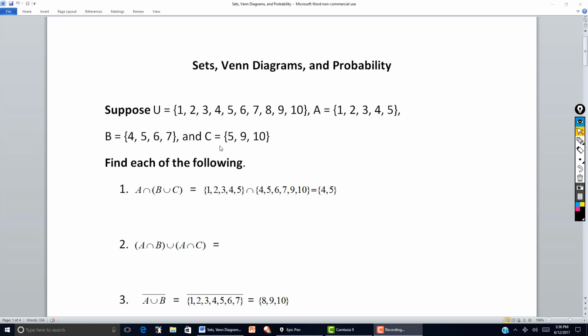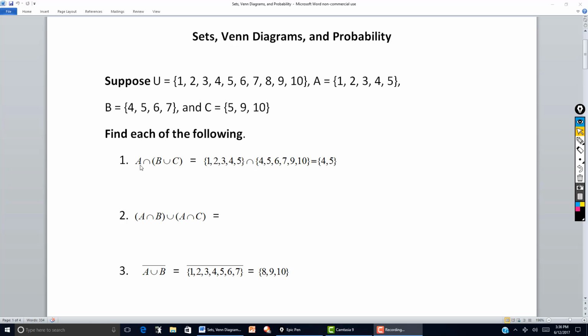Okay, so find each of the following. In the first one, we have A intersect, and then parentheses B union C. So I write out the first set. A consists of the numbers 1, 2, 3, 4, 5. And then B union C takes all the elements in B together with all the elements in C without repetition.